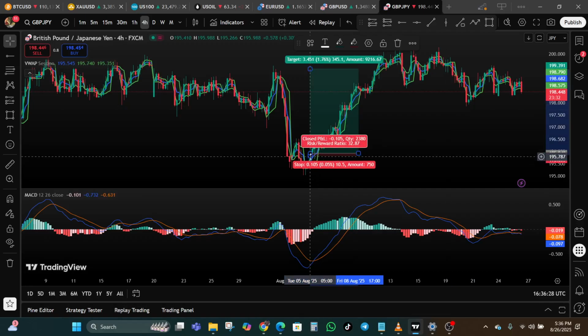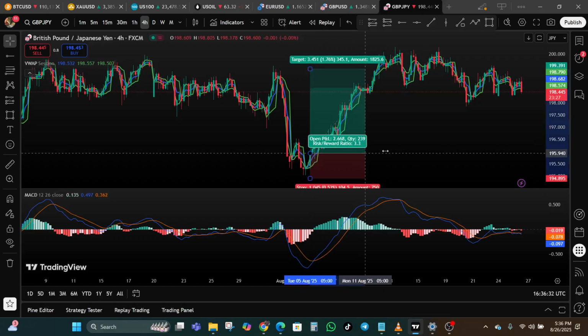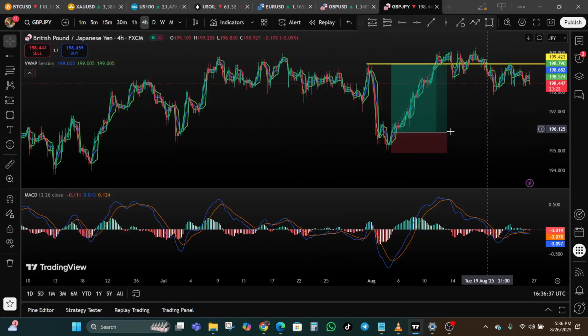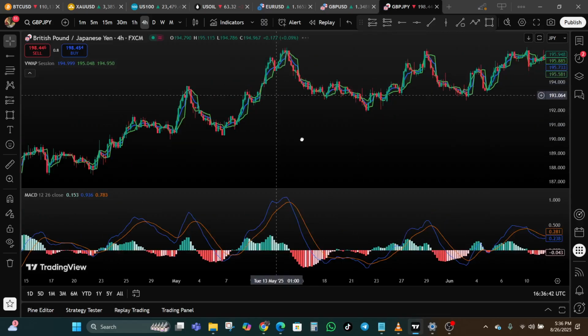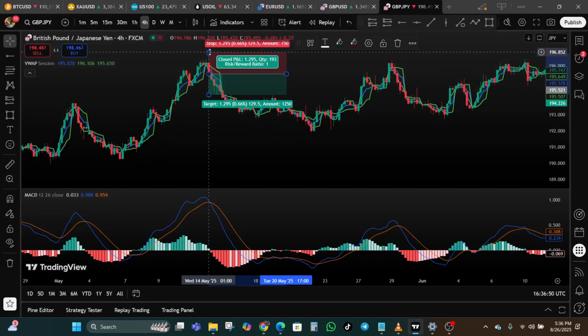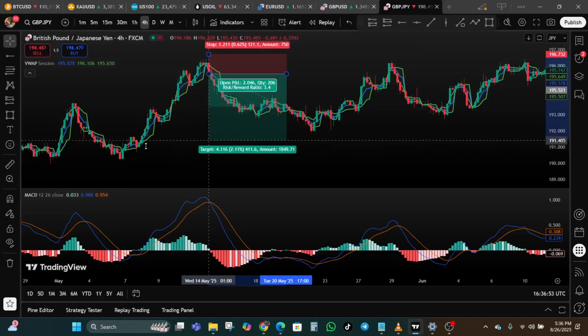In the case of a sell, enter after the candlestick confirmation, and then the stop loss is going to be above that level, of course, and the take profit can be at the next structural level.